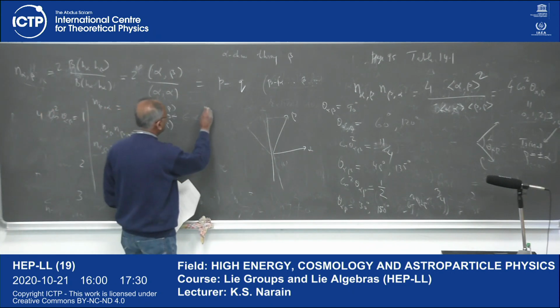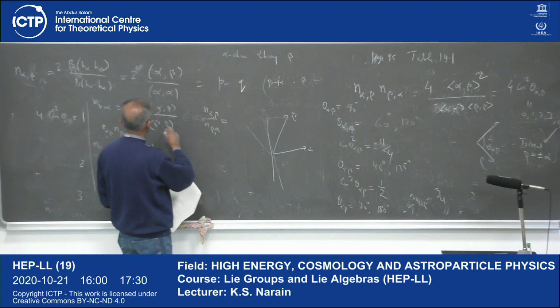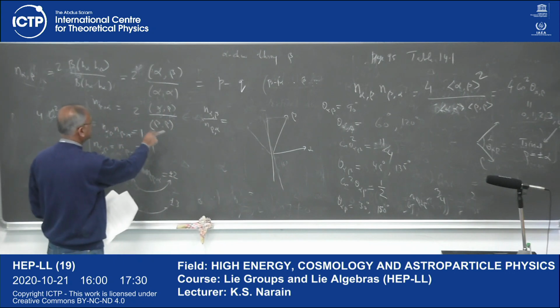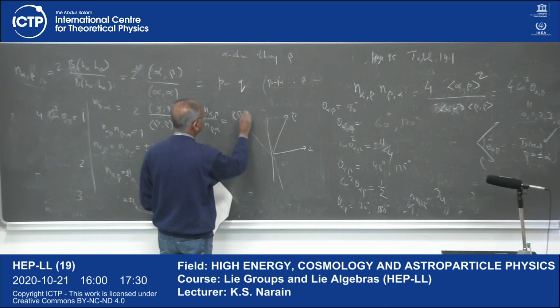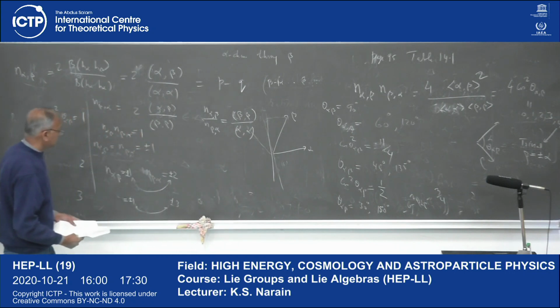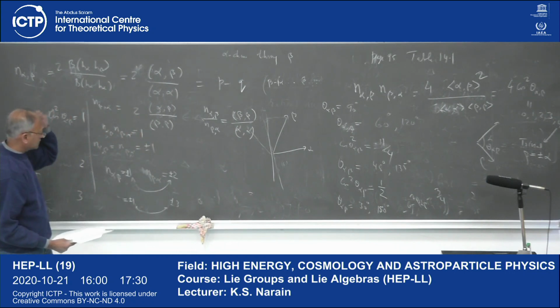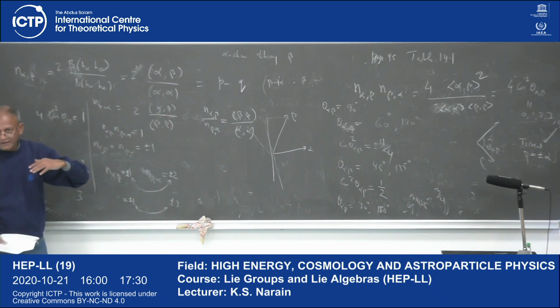So if I take n alpha beta over n beta alpha, this is going to be beta beta divided by alpha alpha. All these factors, 2 cancels, alpha beta cancels, and you just get that. So this is a ratio of n square.